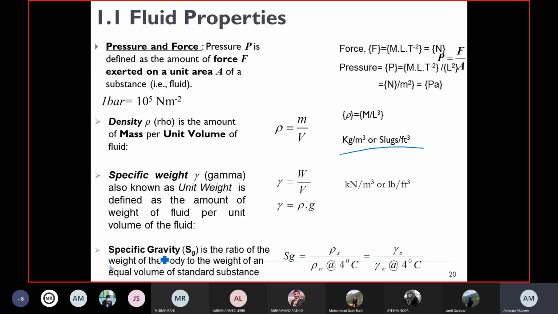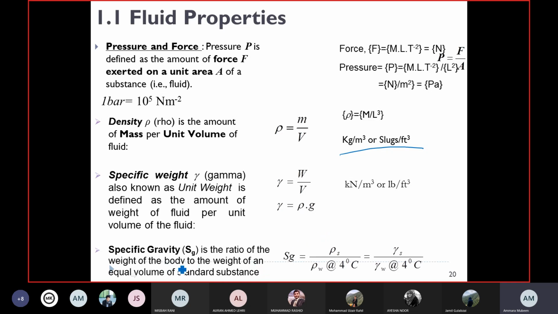Then another term which we shall be using often in our course is called specific gravity. Specific gravity is the ratio of weight of a body to the weight of an equal volume of a standard substance. So specific gravity is actually a ratio, and it has no unit.